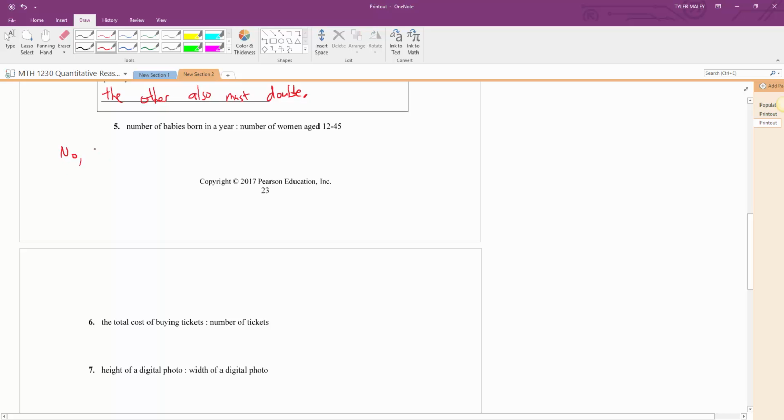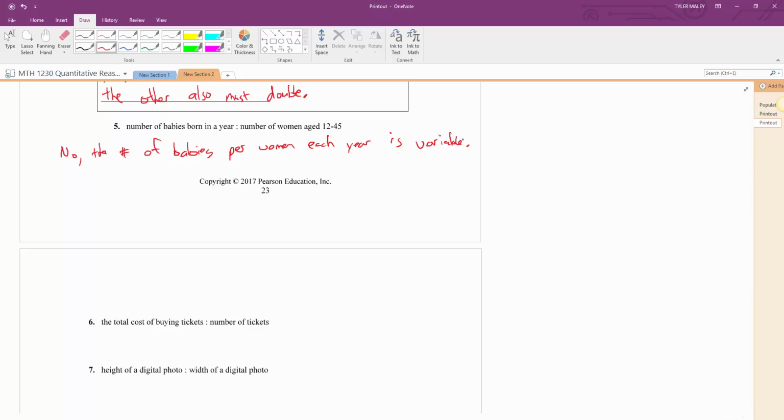We could say the number of babies per woman each year is variable, right? So when I say something is variable like this, what we're referring to is that it changes. Like constant means it doesn't change. Variable means it does change. So we're saying this is variable.